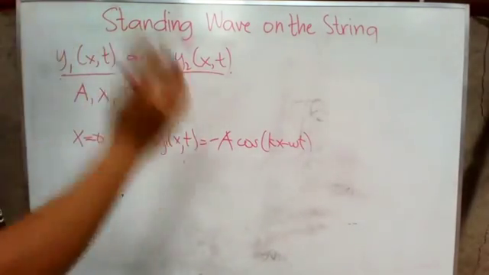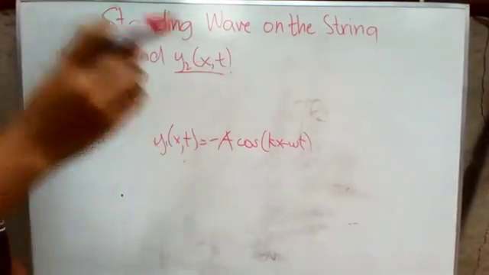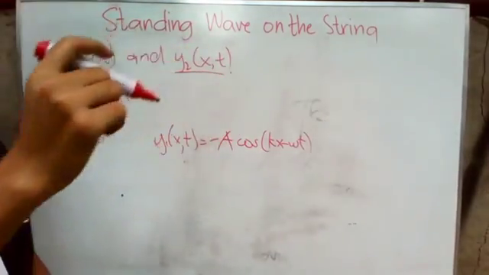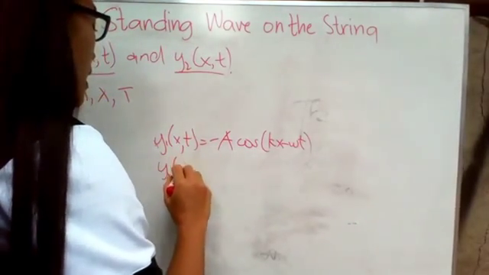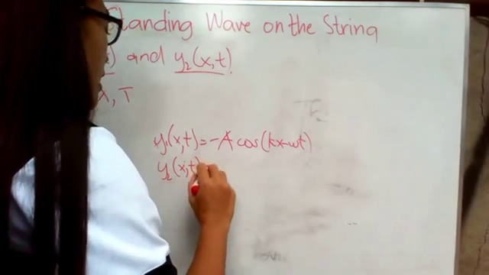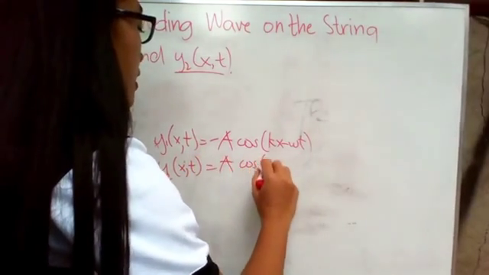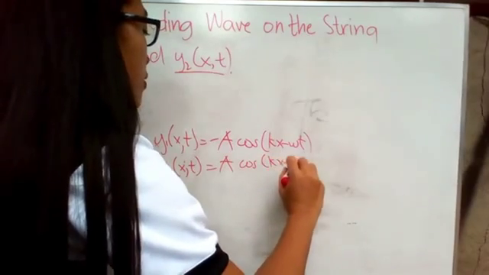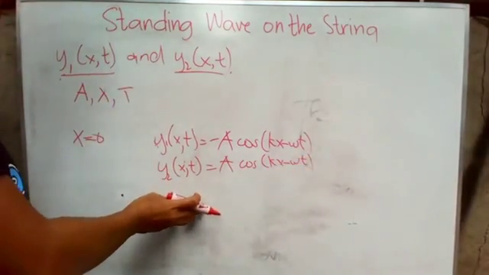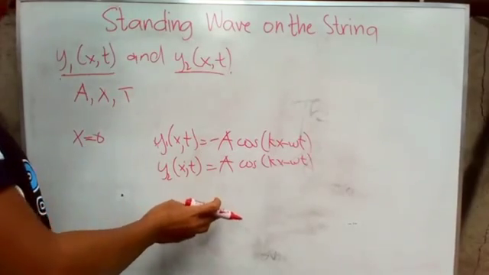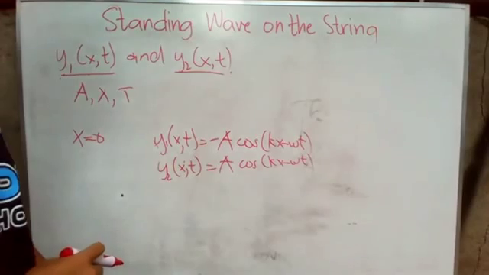The direction of this wave is to the left, which is why we have the negative sign. And we have y sub 2 as a function of x and t equal to a cosine of kx minus omega t. This is for the reflected wave, which is traveling to the right, so we have the positive sign.